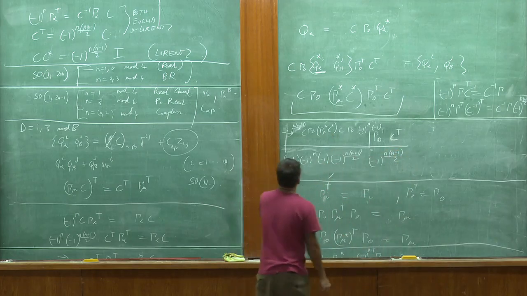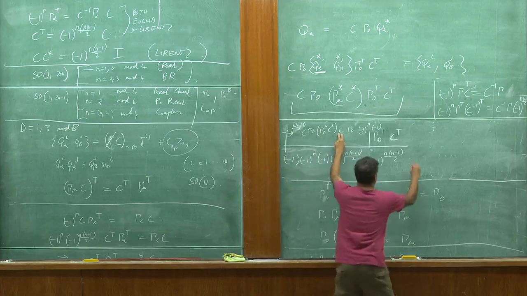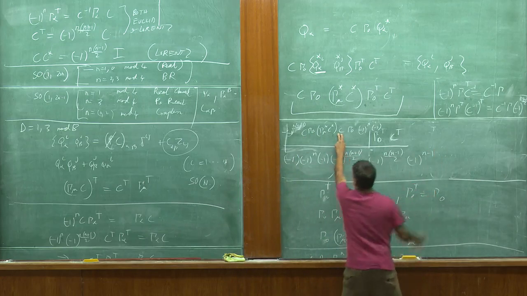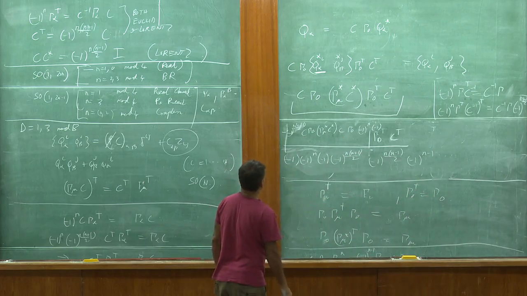Okay. Then we take this through, and we get minus 1 to the power n minus 1. And now we should be through, right?